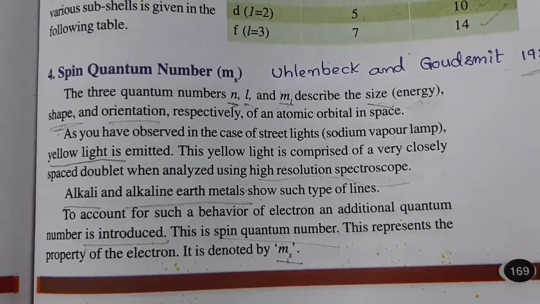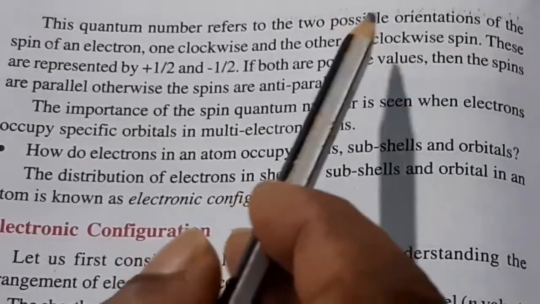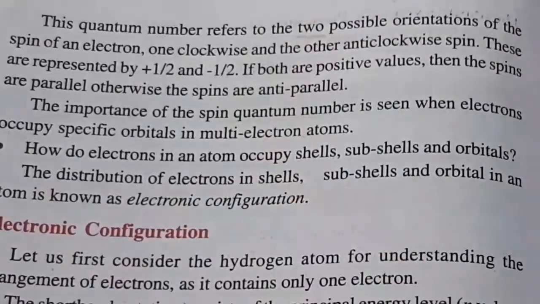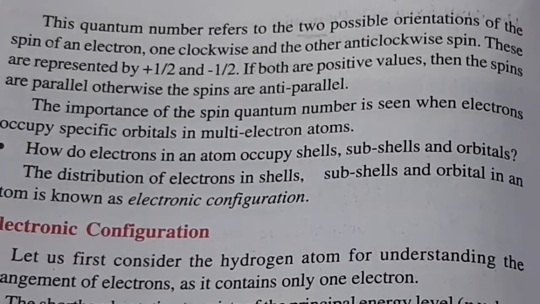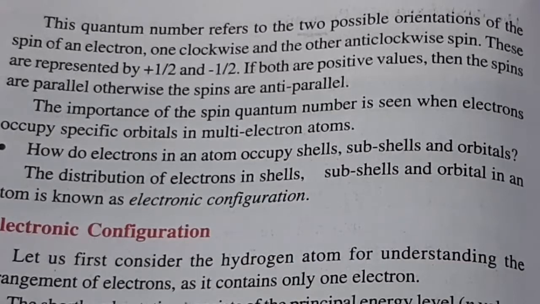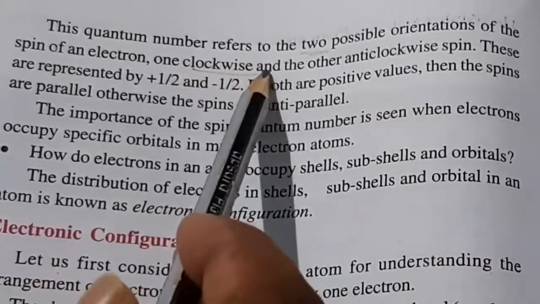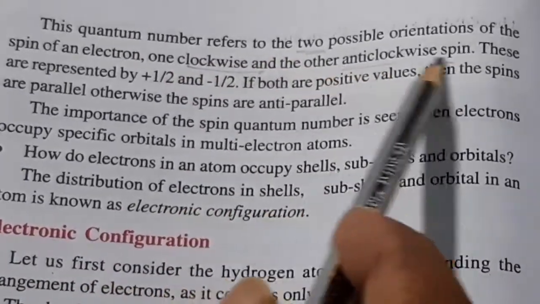This quantum number refers to the two possible orientations of the spin of the electron. How many orientations? Only two. So what is the spin? In which direction does the electron move? One clockwise and another anti-clockwise: clockwise spin and anti-clockwise spin.